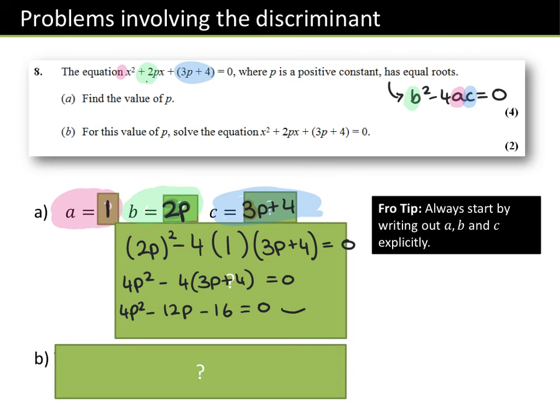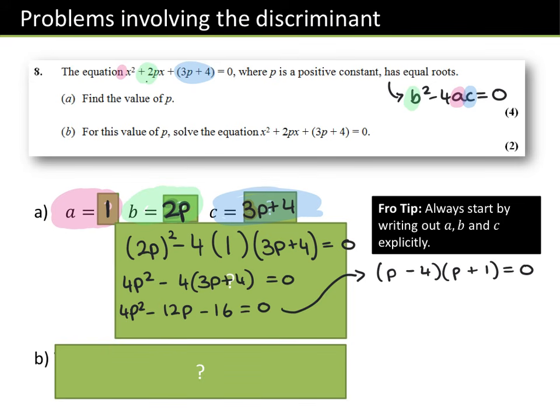So what we're going to do is solve it. Dividing everything by 4, p squared minus 3p minus 4 equals 0, so I'm going to get p minus 4, p plus 1 equals 0.